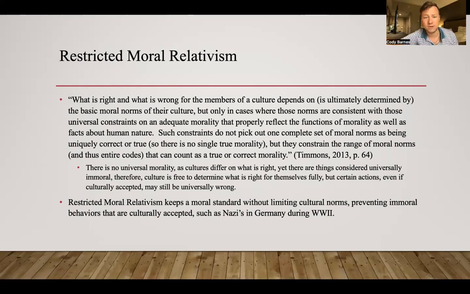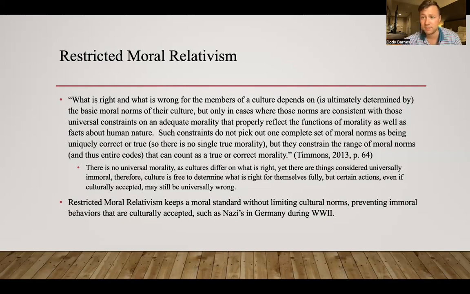Restricted moral relativism basically states there is no universal morality, as cultures differ on what is right, yet there are things considered universally immoral. Therefore, cultures are free to determine right for themselves fully, but certain actions, even if culturally accepted, may still be universally wrong. Restricted moral relativism keeps a moral standard without limiting cultural norms, preventing immoral behavior that is culturally accepted.